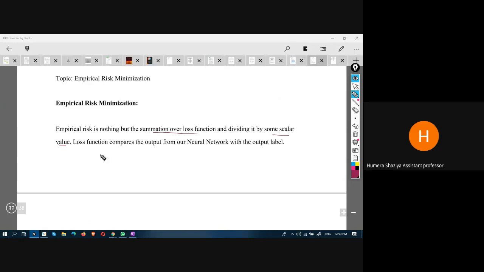I showed you the predicted class was 7 and actual class was 7. Predicted class was 6, actual class was 6, and predicted class was 4, actual class was 2. Like this, we compare the actual class with the predicted class.